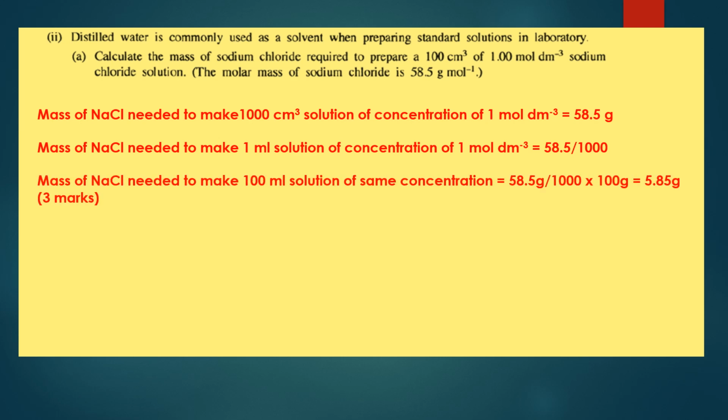Then you can find the mass of sodium chloride needed to make 100 milliliters or 100 cubic centimeters solution of same concentration. Then 58.5 divided by 1000, then multiplied by 100 in grams, that is 5.85 grams. For all three steps you can earn 3 marks.